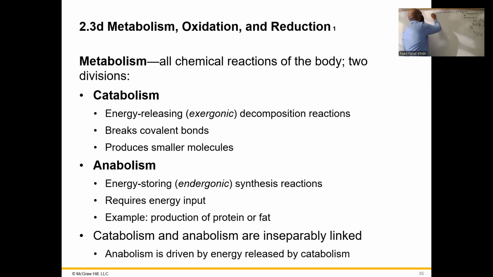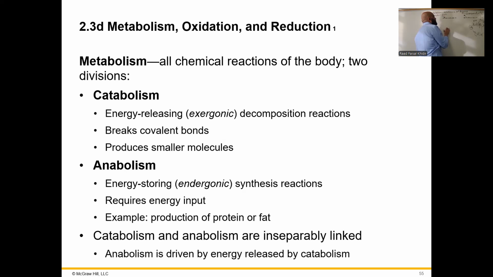So now we know that anabolism means build up. Now we have little monosaccharides or free fatty acids or amino acids. Now we're going to join them. If we're going to join them, then we're going to have to take energy to do that. So we're going to consume energy. So energy is going to enter into making these bonds.